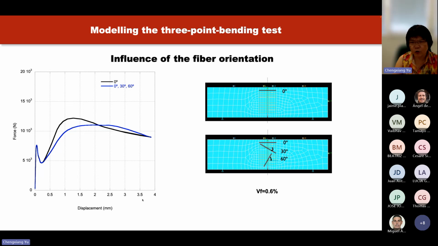This is the case for a volume ratio of 0.6 percent, like 45 kilograms per cubic meter of steel fibers. So we can see the influence of the distribution of the fibers. Basically, in the first part there's almost no influence at all, which means the fibers did not start working yet. So the effect of fibers is mostly after the first peak.